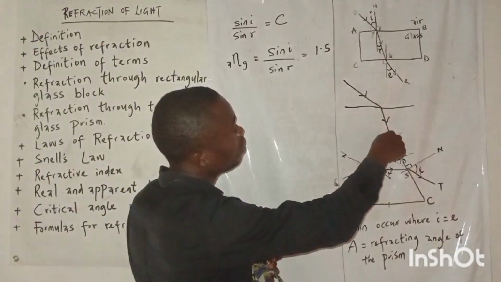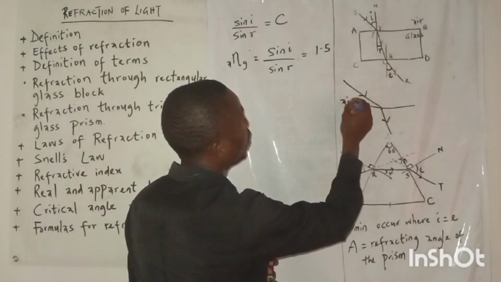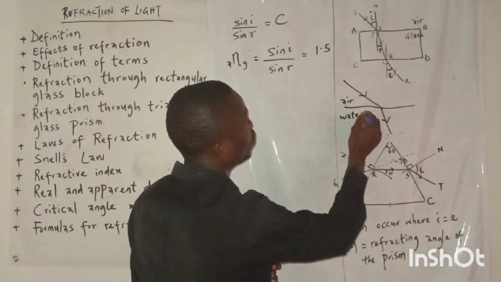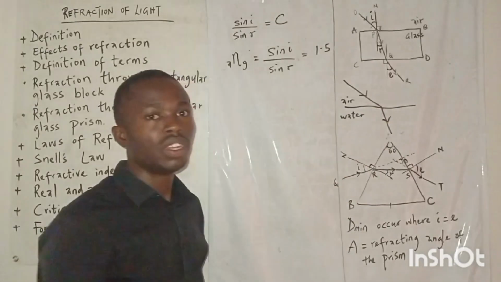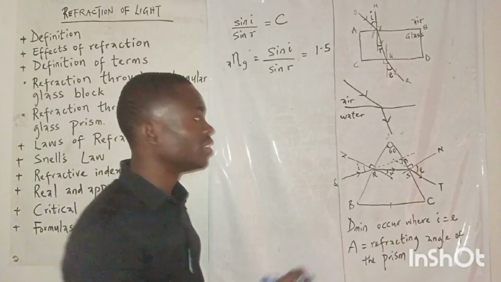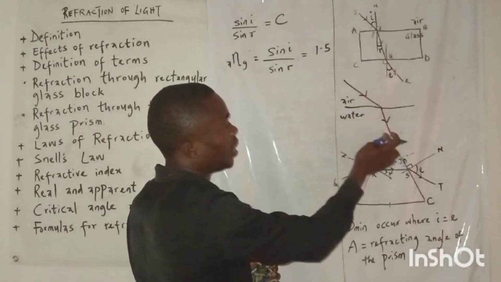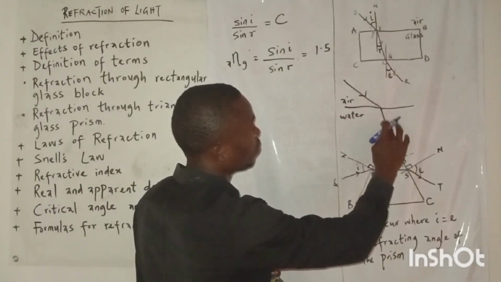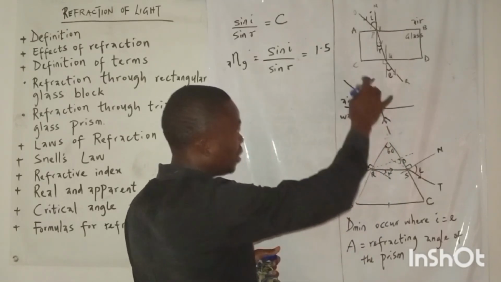Let's say this is air and this is water. At the boundary, it bends. The principle of reversibility of light has it that if light is traveling back now from water to air and it takes this direction, when it gets to this point, it will take this direction.